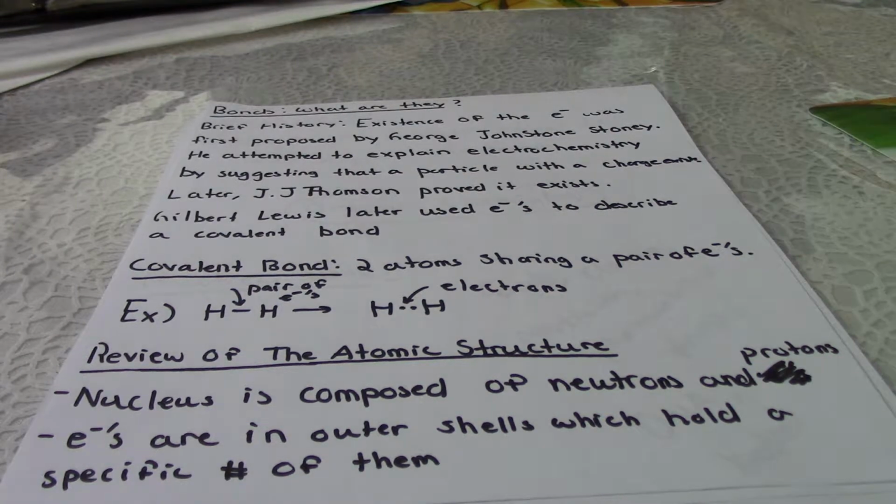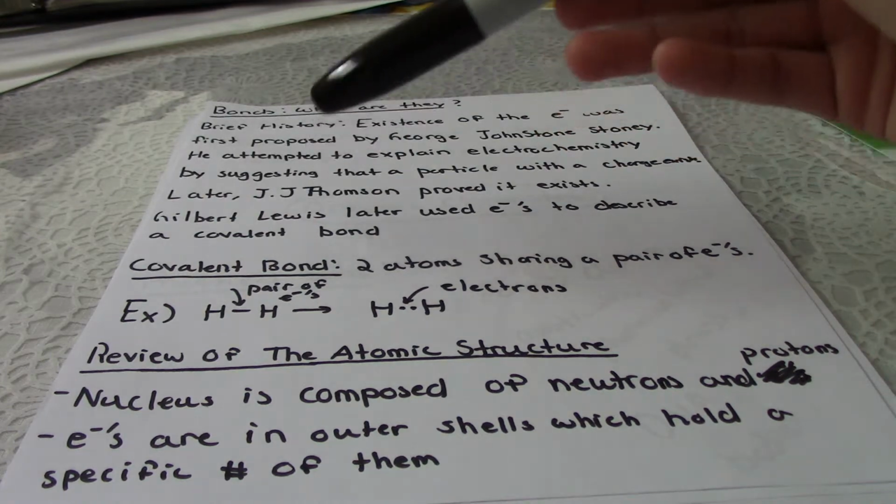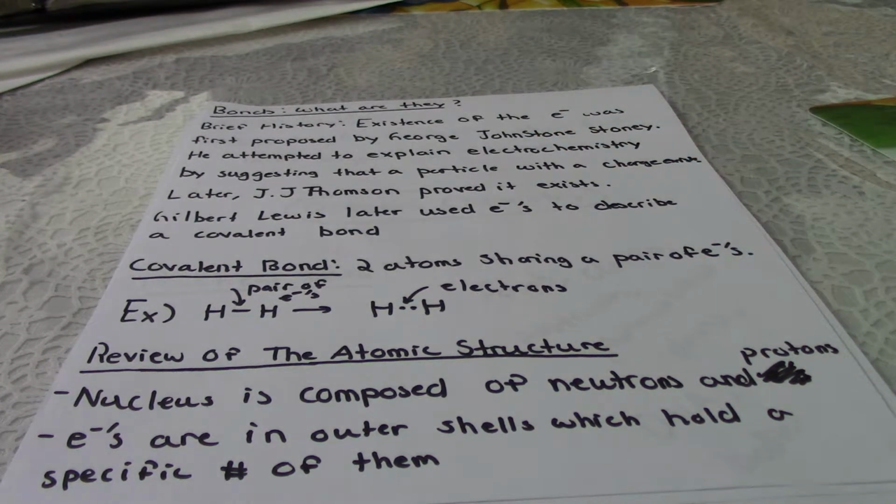Now, why we talked about all of this is because Gilbert Lewis invented a way of showing how electrons bond with one another in molecules, which he dubbed Lewis structures. So for example, in carbon dioxide, he showed how the oxygens and the carbons and all their electrons are bonded together, and he dubbed that a Lewis structure.